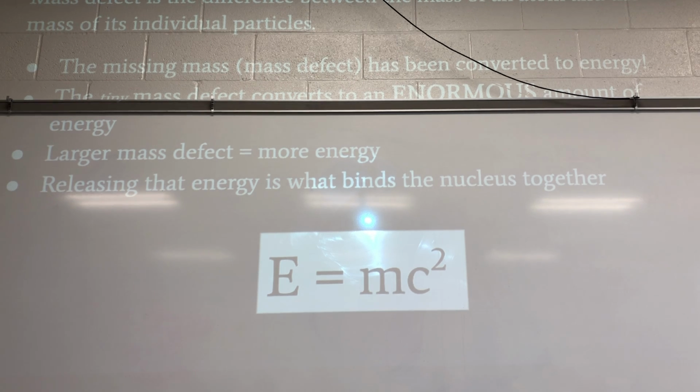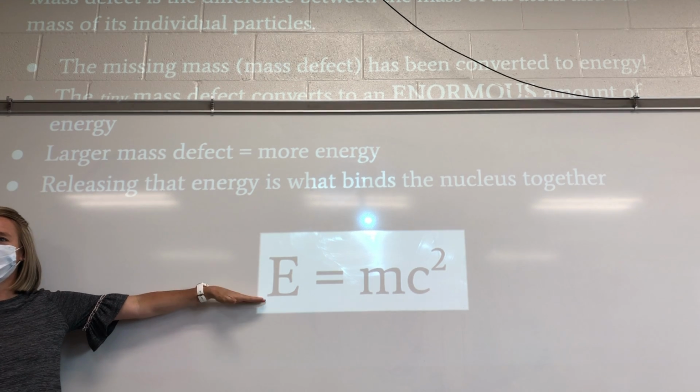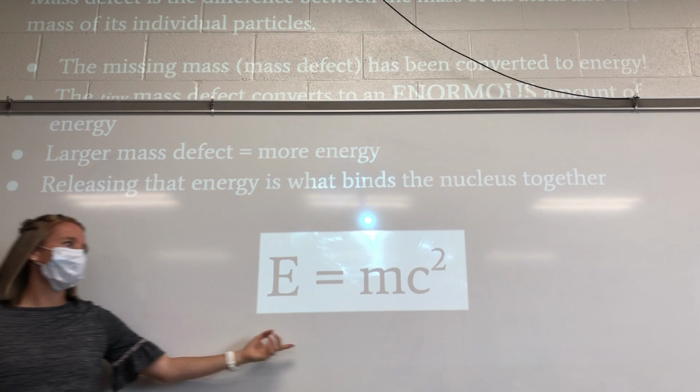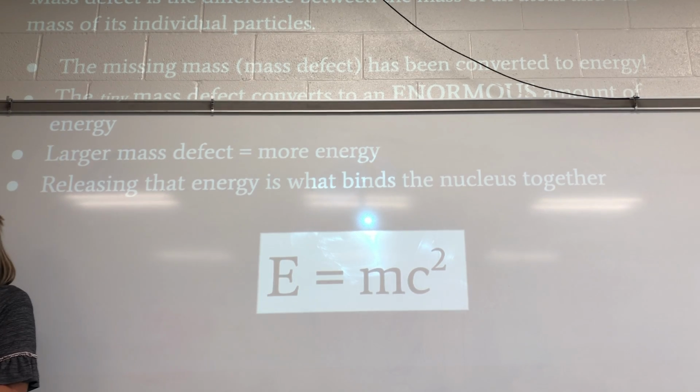This is actually what goes into the very famous equation that maybe your whole life you've wondered what it's all about, E equals mc squared. Einstein's very famous equation is all about this component of mass defect. Now, we're not going to calculate with this, but it helps us understand what mass defect is.